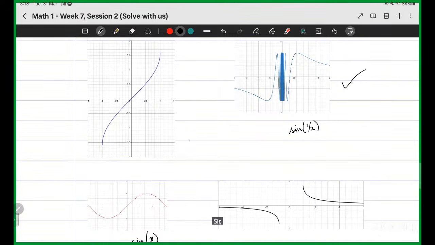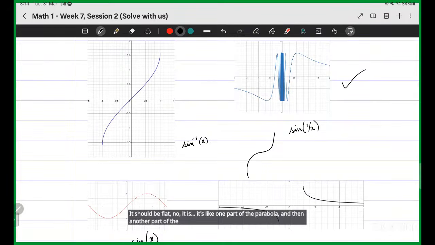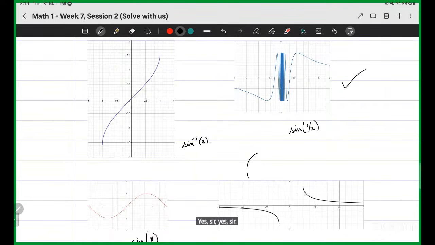Sir, I guess we can say this is the graph of x into mod of x. x mod x will also be flat at the origin, right? No, sir. It'll be something like that. It's like one part of the parabola and then another part of the parabola. Yes, sir, x square and minus x square.